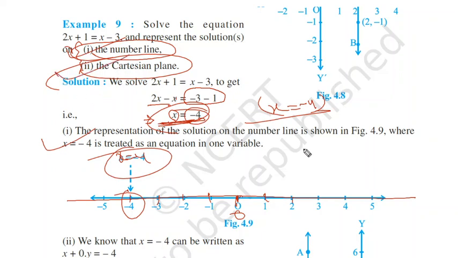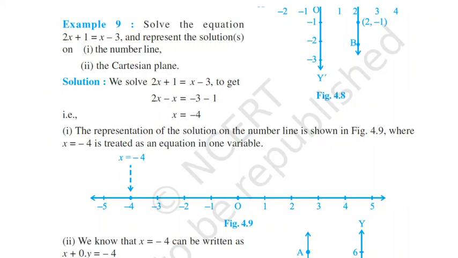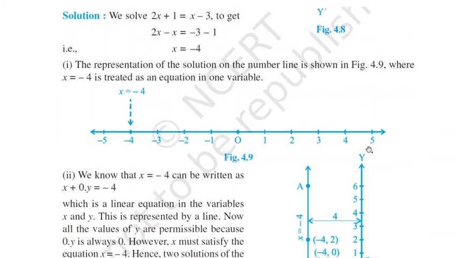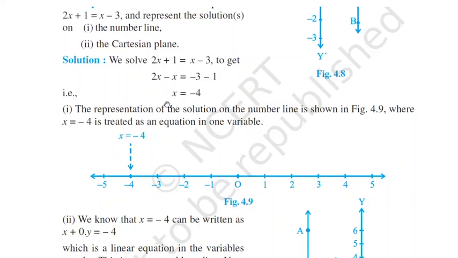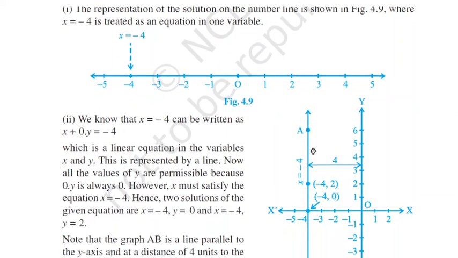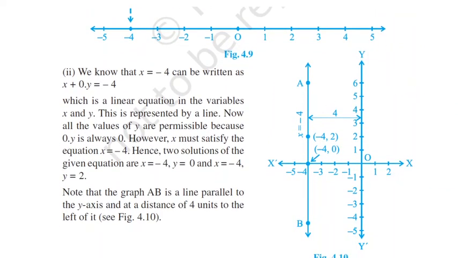Now we'll move to the Cartesian plane. Remember the equation. The equation was x equal to minus 4. Again, the Cartesian plane is here. Now we'll write the equation as a linear equation in two variables.